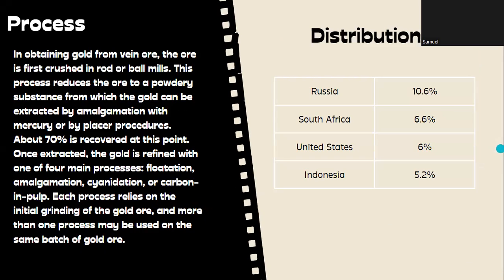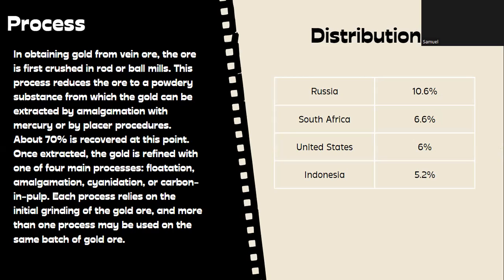So the process in obtaining gold from vein ore, the ore is first crushed in wrought or ball mills. This process reduces the ore to a powdery substance from which the gold can be extracted by amalgamation with mercury or by placer procedures. About 70% is recovered at this point.